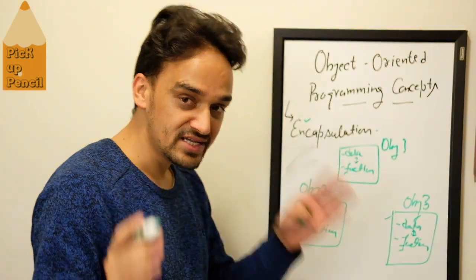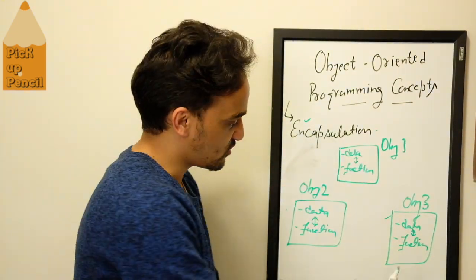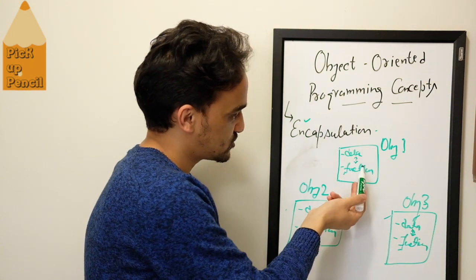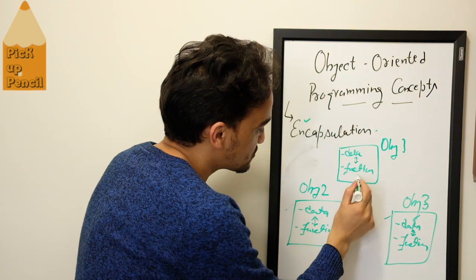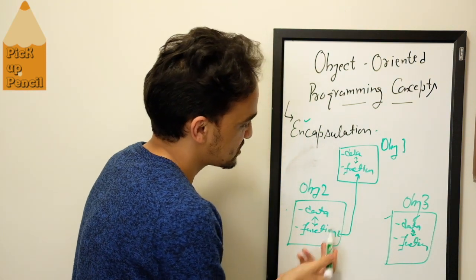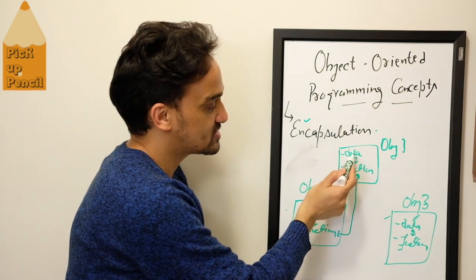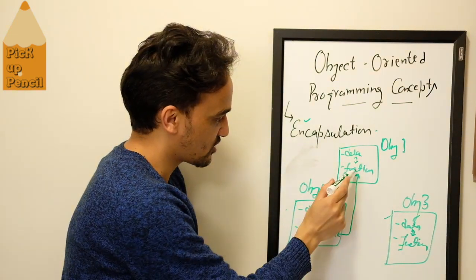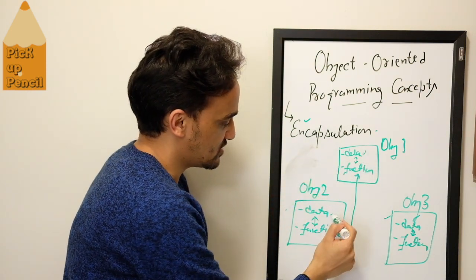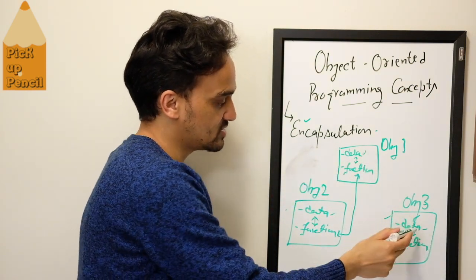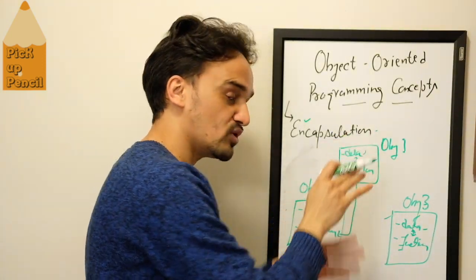And when we need to interact among the objects, let's suppose object 2 wants to communicate with object 1, it can only communicate through the functions. It can call the functions, but function 2 cannot change the data here. It can only make a request and execute this function, but changing the data members can only be done by the object itself.